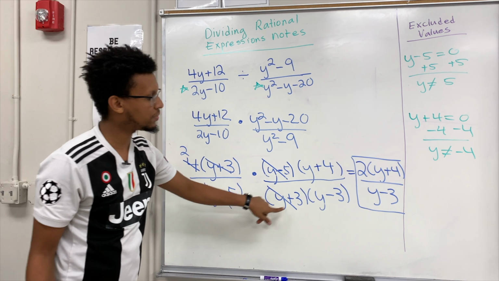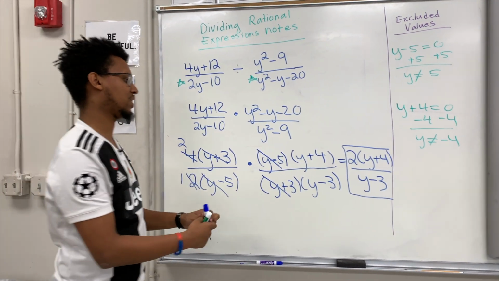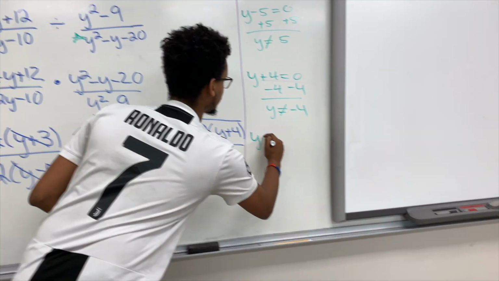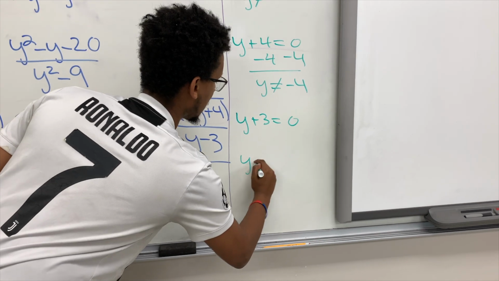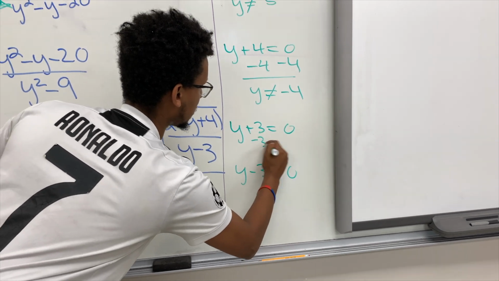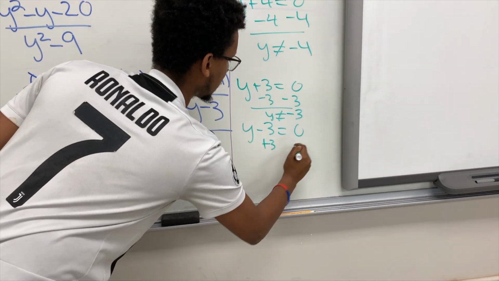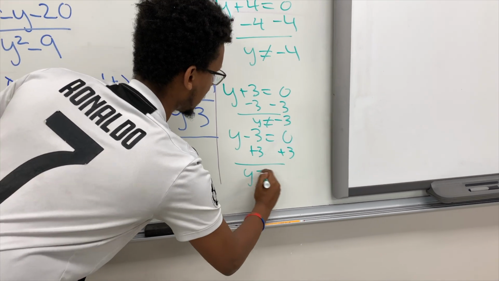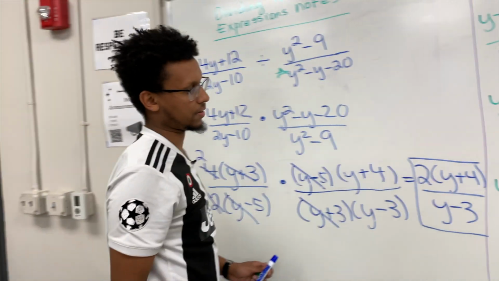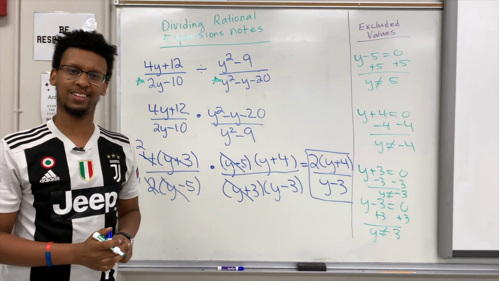And this gives us y plus 3 and y minus 3, and you go over there and do the same thing. And I hope you see y cannot equal negative 3, y cannot equal 3. And that's pretty much it. Thank you.